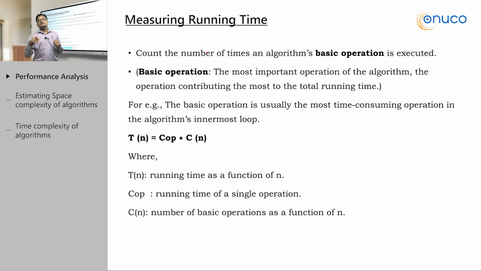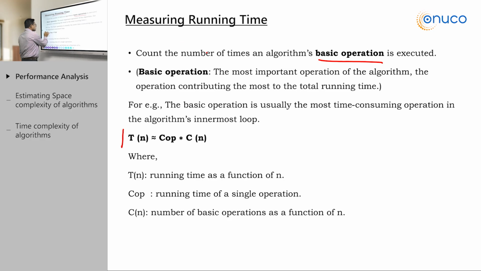Say, for the largest of a given list of elements, the maximum element of the given list, again comparison is the basic operation. So first you identify the basic operation. That basic operation is going to execute again and again until the required loop is over.